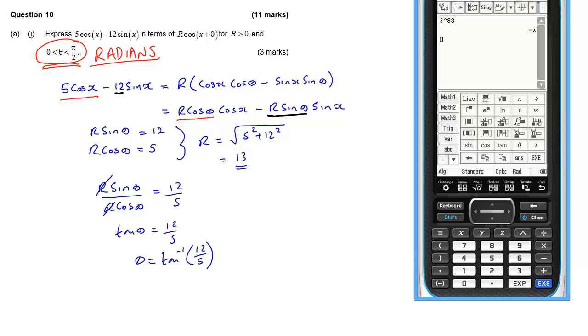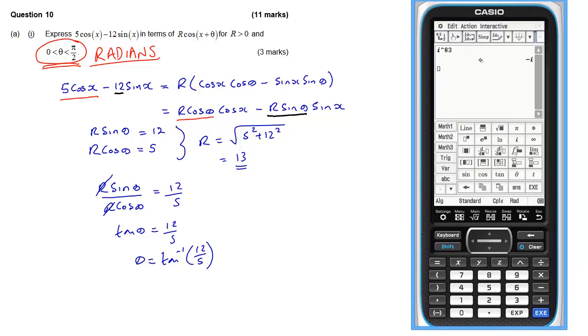So we can calculate that. Now it's always a good idea to take this out of complex mode. And we're in radians, which is good. So we want the inverse tangent of 12 divided by 5.